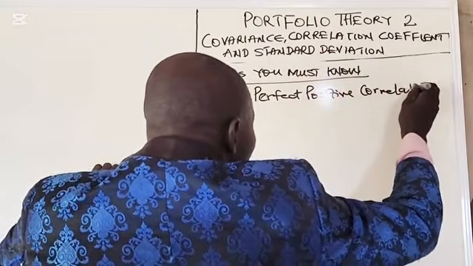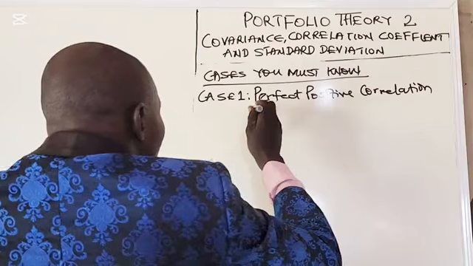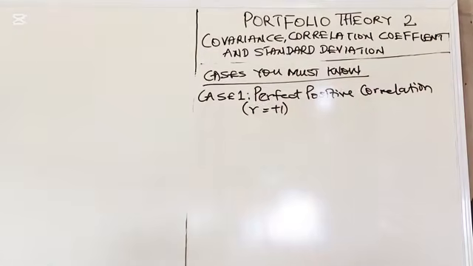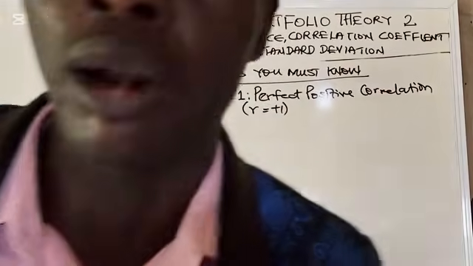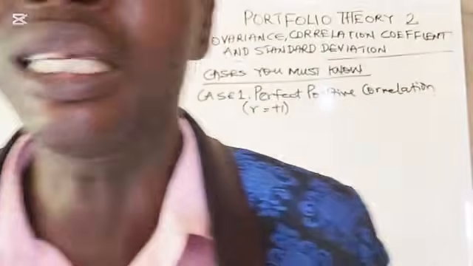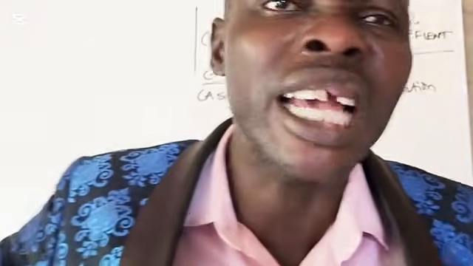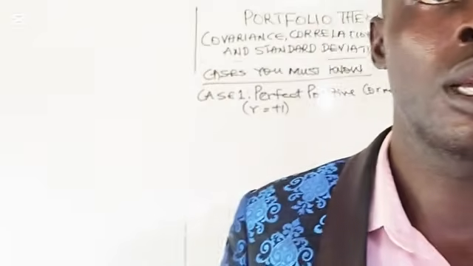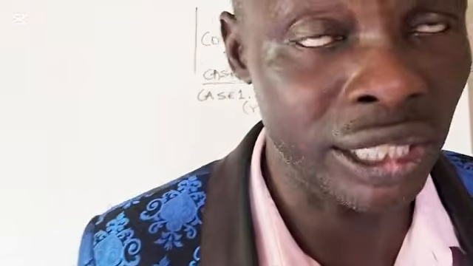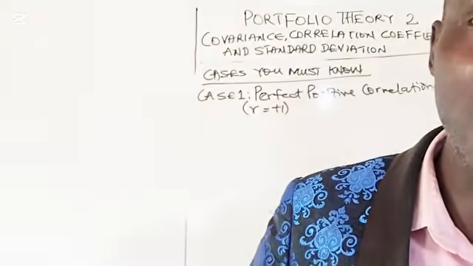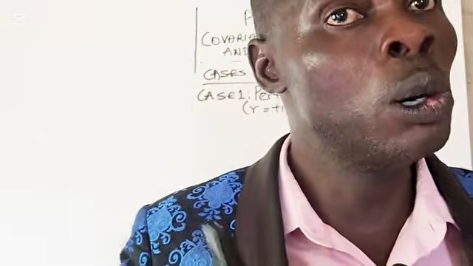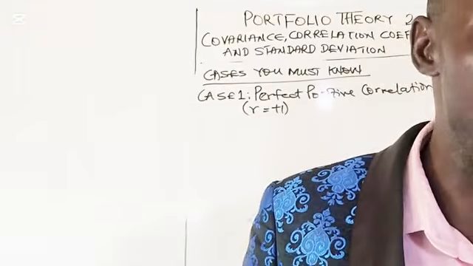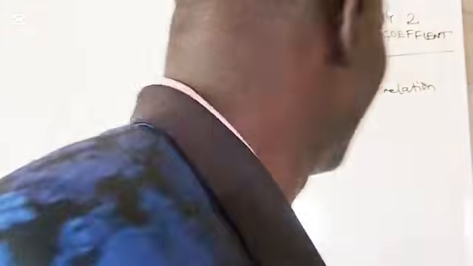This is where correlation coefficient is +1. This occurs where assets move exactly the same way. No diversification benefit in this case. There is no diversification benefit.